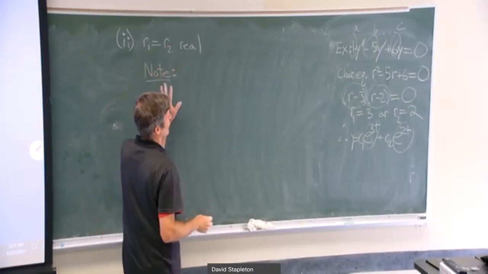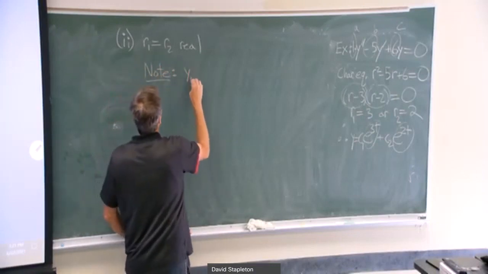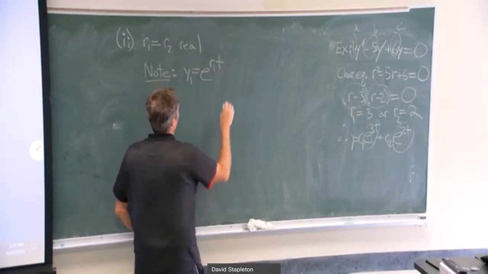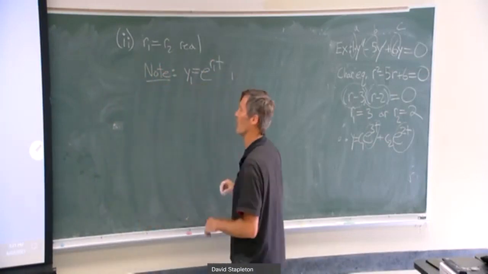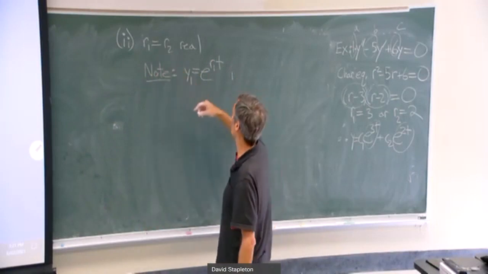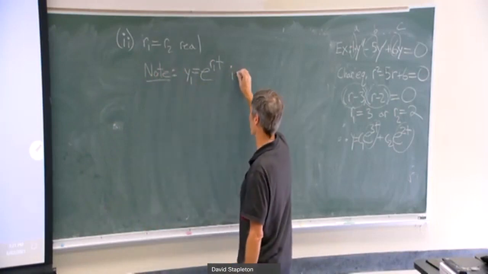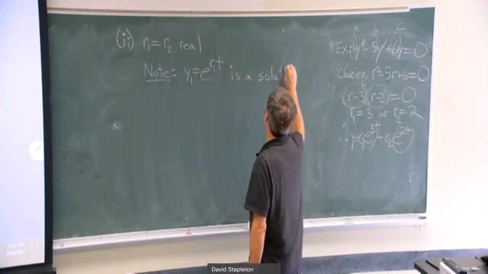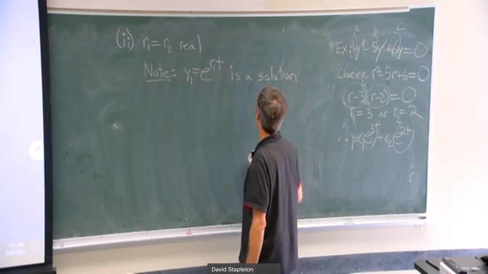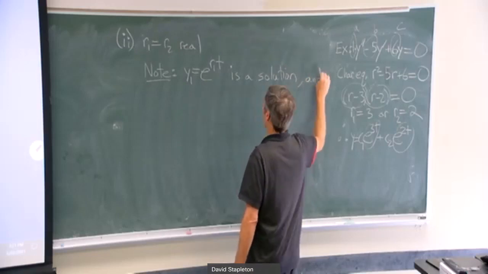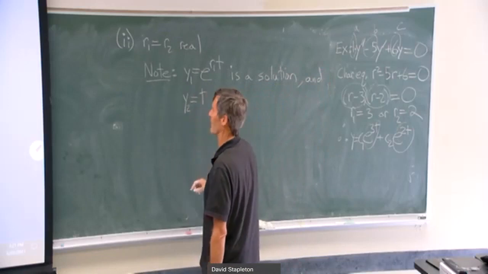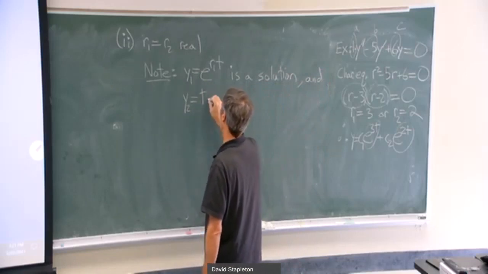I guess I should say one thing first. y1 equals e to the r1t is still a solution, right? We proved it. r1 and r2 are both solutions. It's just when they're both equal, then there's only one linearly independent solution. So we just need one more. By plugging in, you can see for now, like I said, we'll get a method that derives it later if you prefer that.